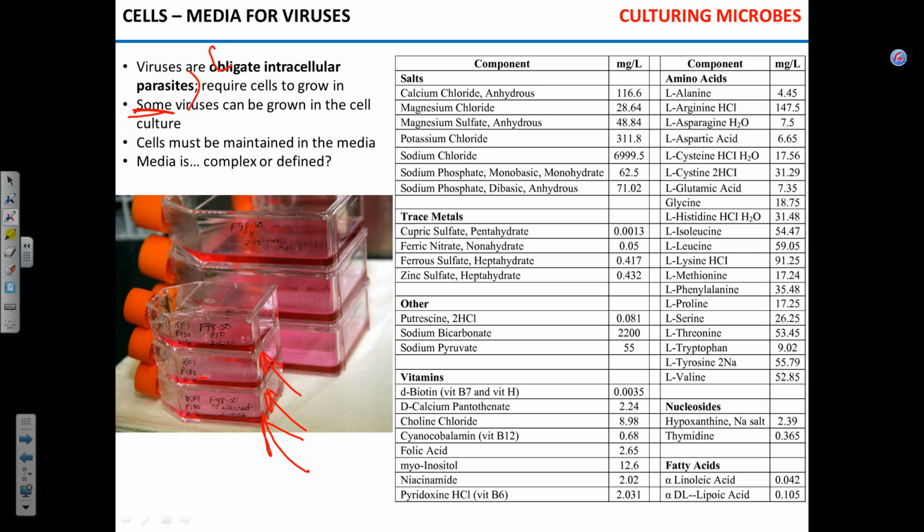You can take from skin. Tissue, yeah. Pretty much any tissue. You can take blood, isolate monocytes. If cells can divide by themselves, almost every time you can make a cell culture out of it.